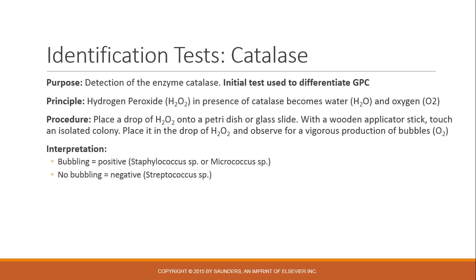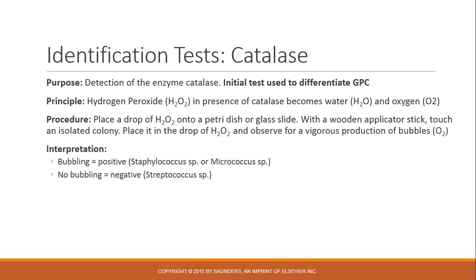So lemon yellow color indicates a Micrococcus. If it's not lemon yellow, then we're going to go a different way. It's probably a Staphylococcus. Okay? And this is the flow chart that you've printed out for labs. So for a catalase, it's real easy.